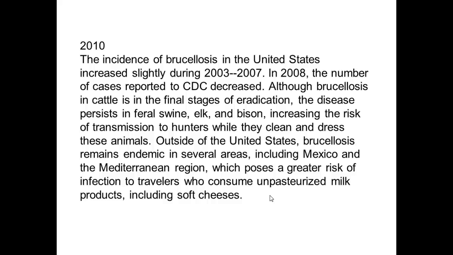In 2008, the number of cases reported to the CDC decreased, although brucellosis in cattle is in the final stages of eradication. So we're trying to completely eradicate it from cattle. The problem is the disease persists in feral swine. Elk was one I hadn't mentioned, and then bison in Yellowstone National Park.